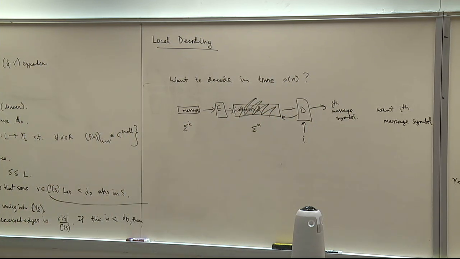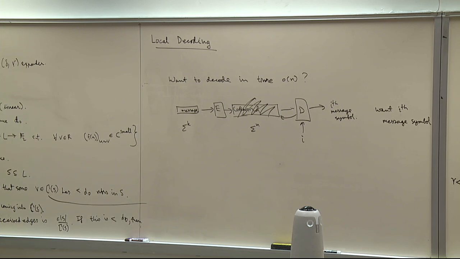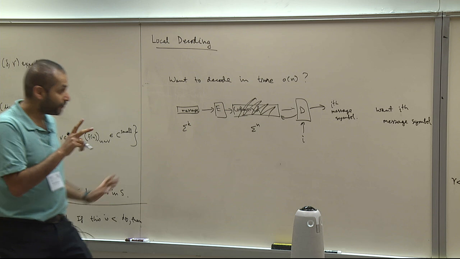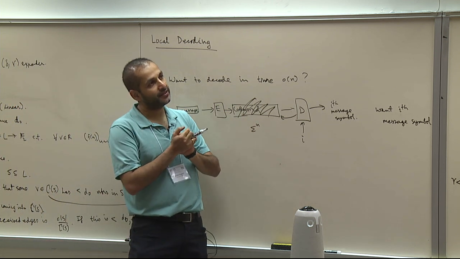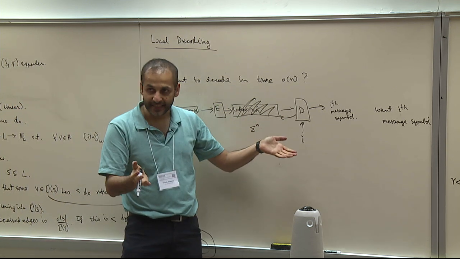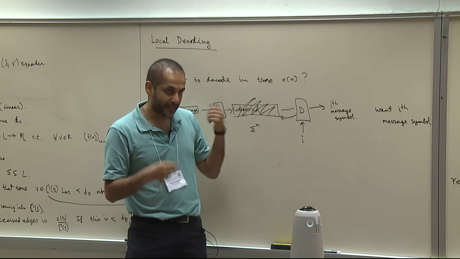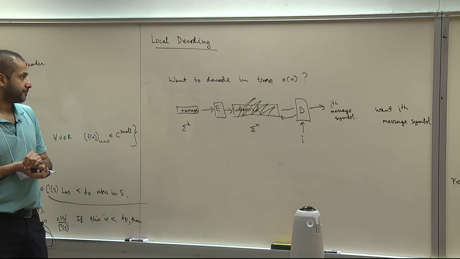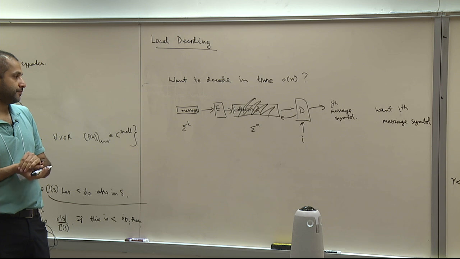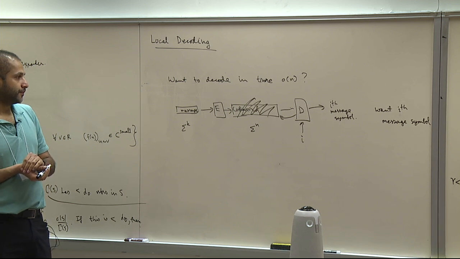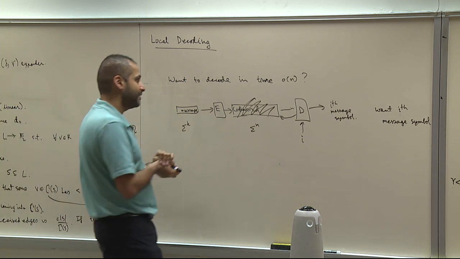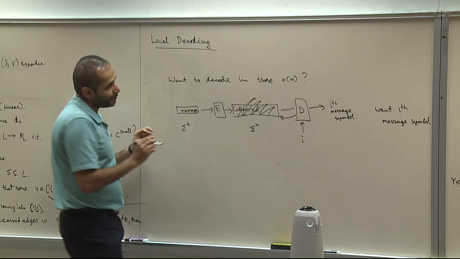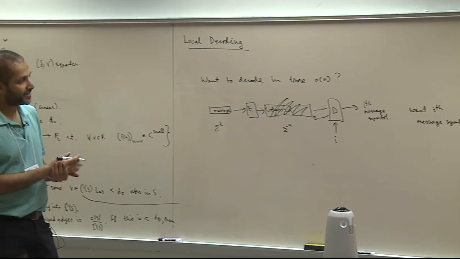So maybe it makes sense to consider this variant of the problem, where you just ask for the ith message symbol. And now we do not have this barrier that the answer size is linear, so you need to run in linear time. There's a hope to run in less than linear time.